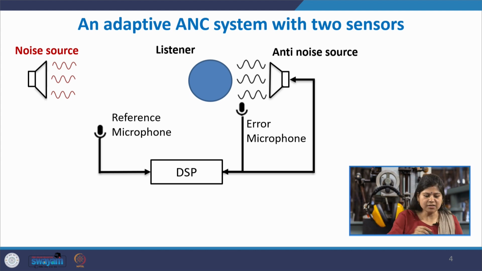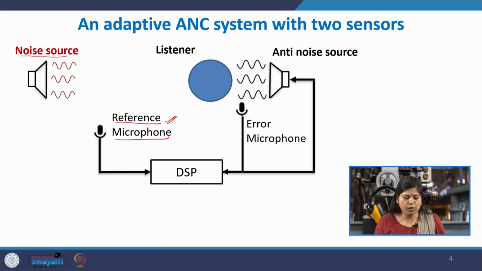What happens here is that let us say we have some noise source emitting sound waves. Near the noise source, slightly away from the listener, there is a microphone that faces the noise source. This microphone, the feed forward microphone, as I called it in the previous lecture, or you can call it the reference microphone, first measures the sound signals generated by the source.